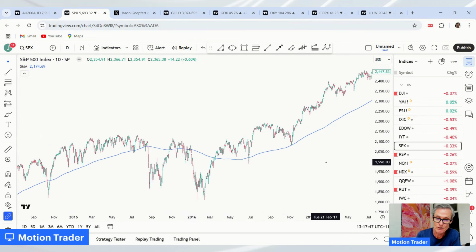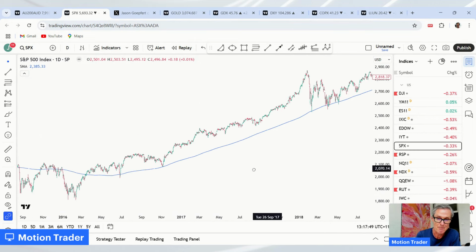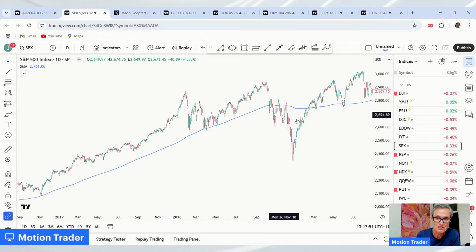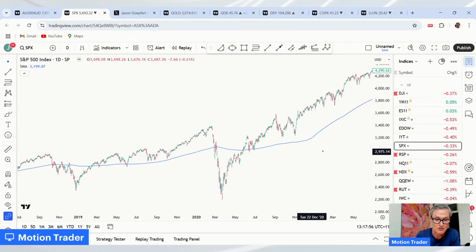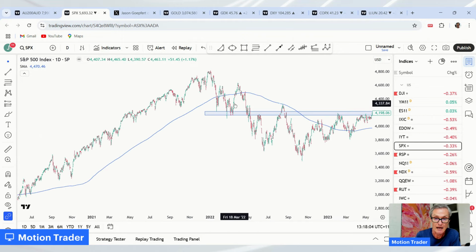If it hangs around for more than a couple of weeks, there's a tendency for prices to spend more time below the moving average. And so what does a longer period below the 200-day moving average mean? Well, it could mean a bear market like we saw in 2022, or worse still, the bear market we saw in the GFC.